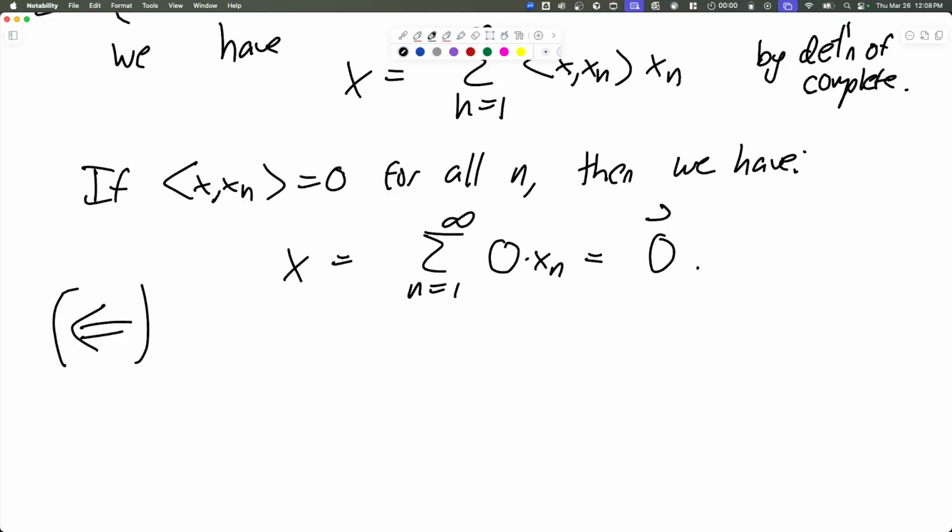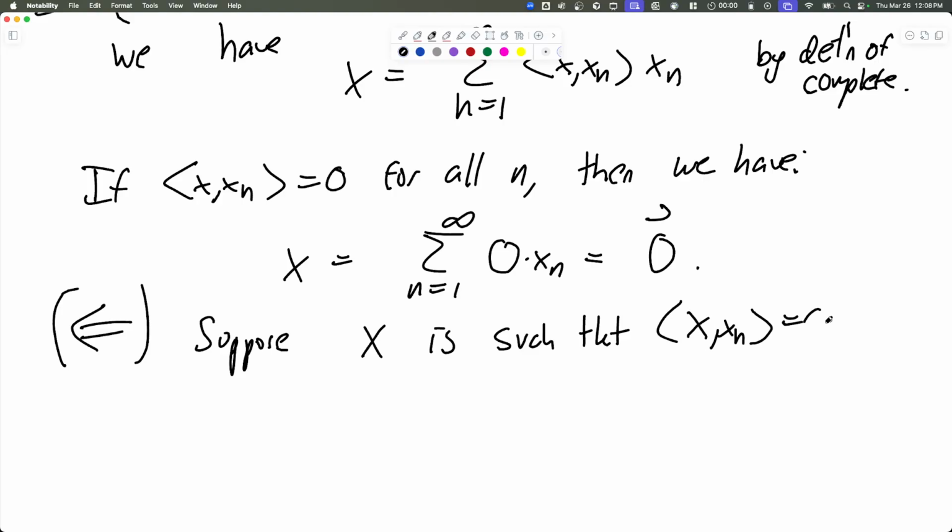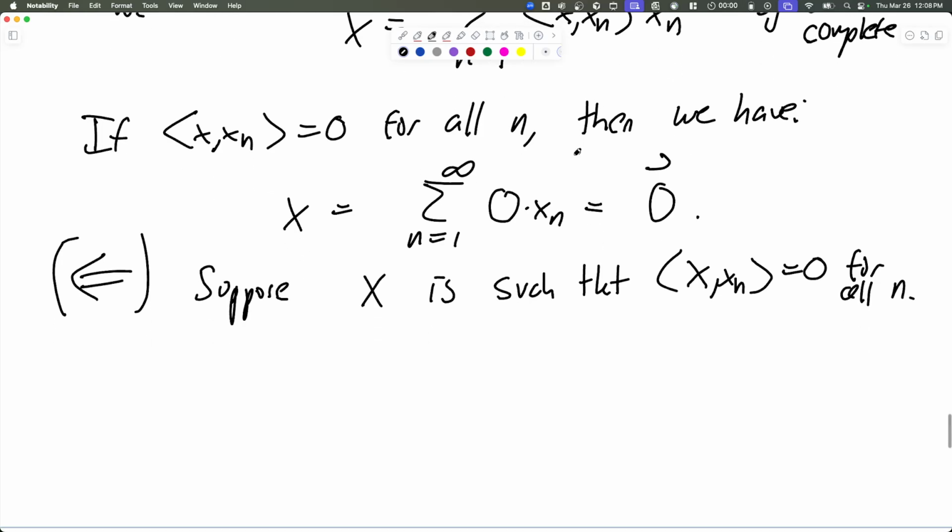Okay, so this says, suppose x is such that <x, xn> equals 0 for all n. So we would like to show that x is actually the 0 vector. What do we know about x? We know that it's perpendicular to everything. Okay, sorry, I have the reverse.